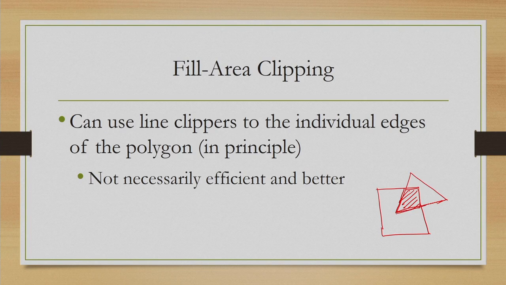For each of the edge, like here is one edge of the filled area, perform clipping on the edges and decide on the clipped region. However, as you can see from this example, that is not necessarily easy, efficient and going to give us a good approach. Sometimes it is even difficult to understand how it works.